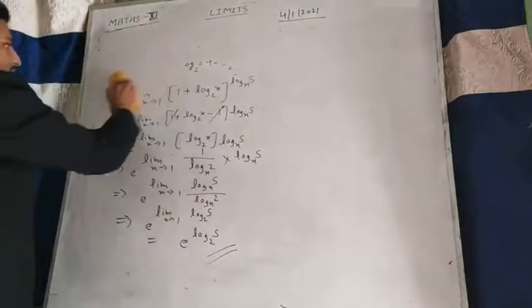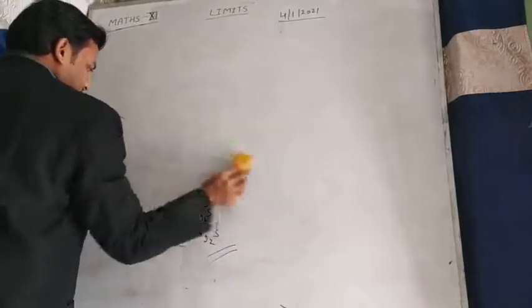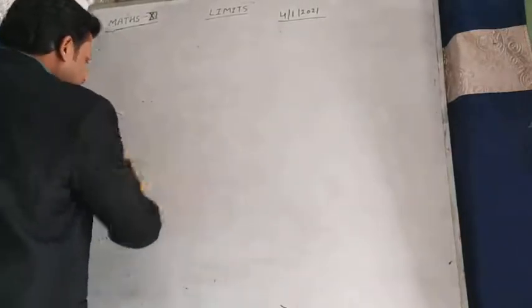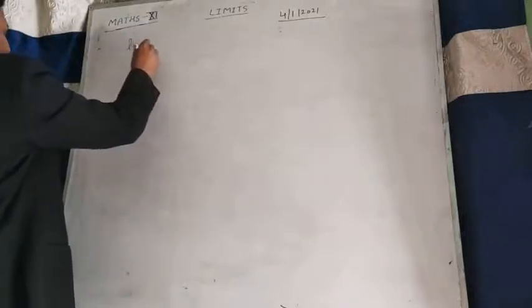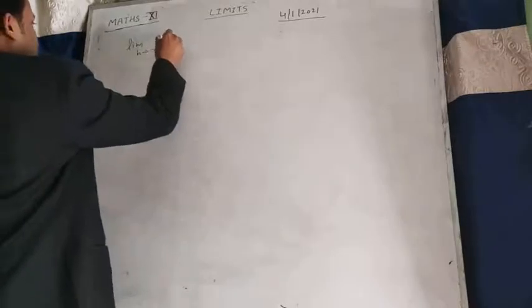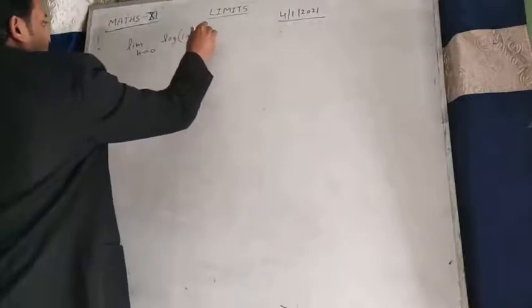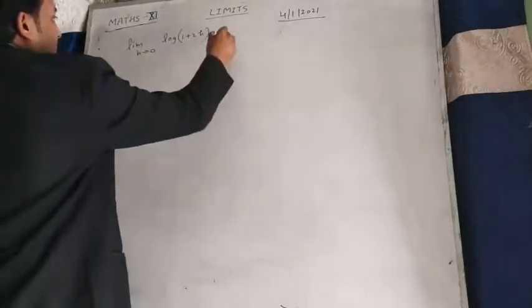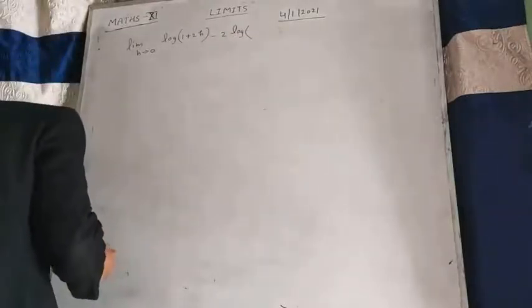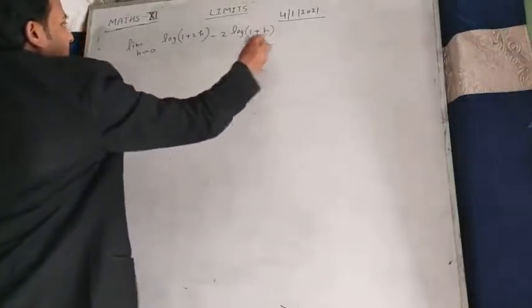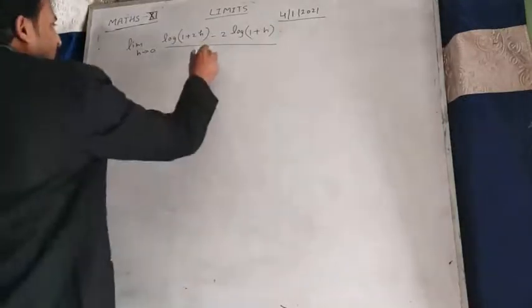Let's see. Our next question is limit h tends to 0, log 1 plus 2h minus 2 log 1 plus h by h square.